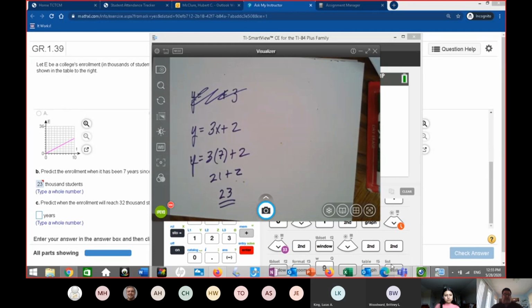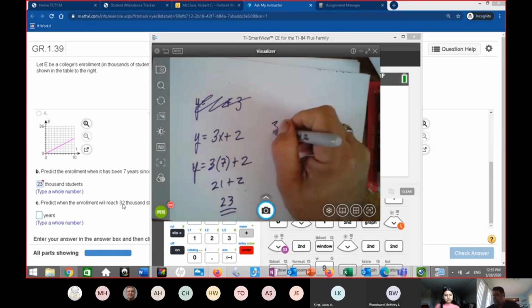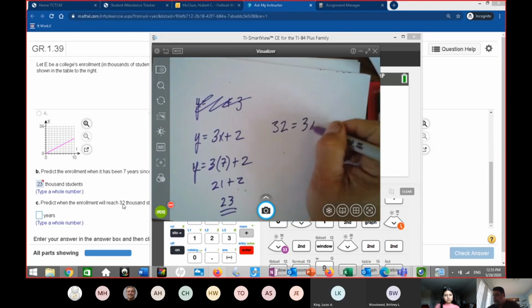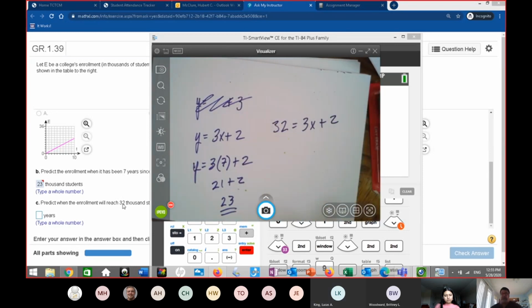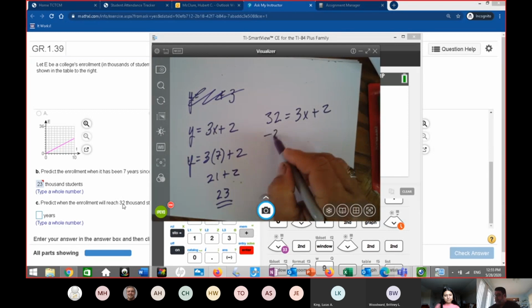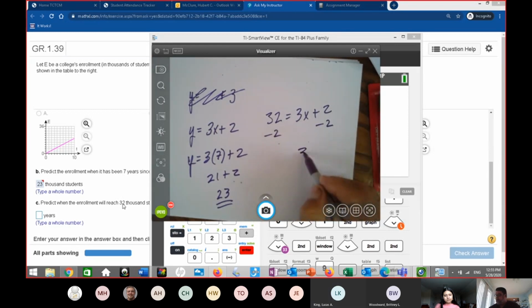Now you can do that either by trace or by the window. I don't understand why ours is not working, or you can just plug it in by hand. Predict when the enrollment reaches 32,000. That'll be 32 is equal to 3x plus 2, minus 2, 3x is equal to 30, X is equal to 10.